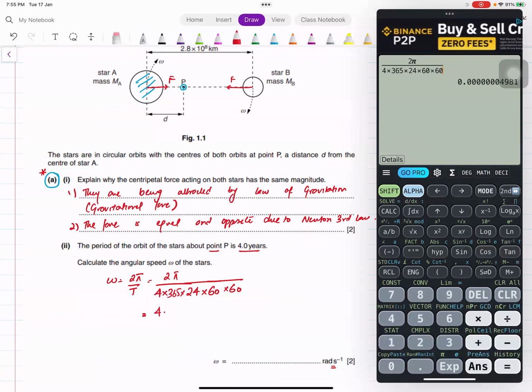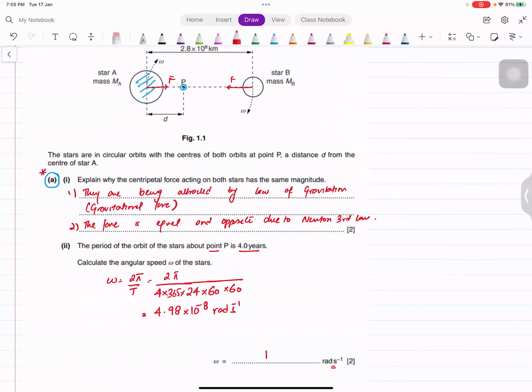Okay, the answer is 4.98 times 10 raised to the power minus 8 radians per second. All right, so you can write it like this. Can we round off to 5.0? Yes, you can also write 5.0, but do not write just 5 because then it will be wrong, as it does not conform to the significant figure rules.